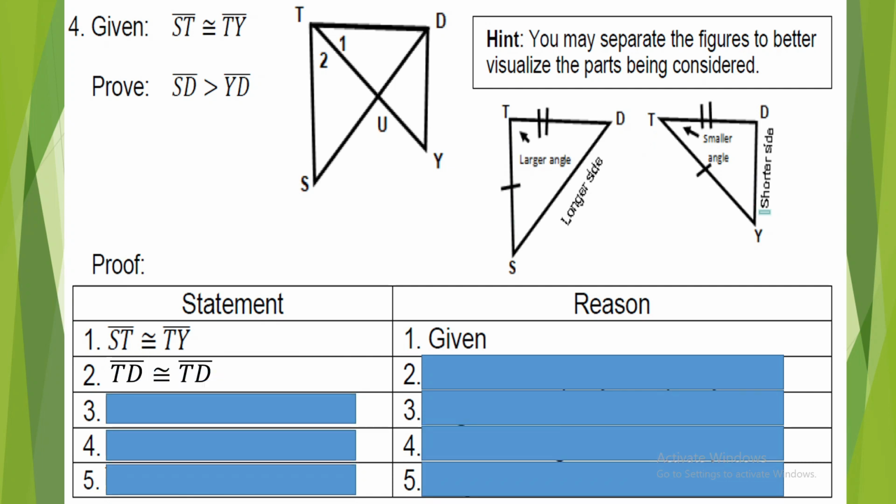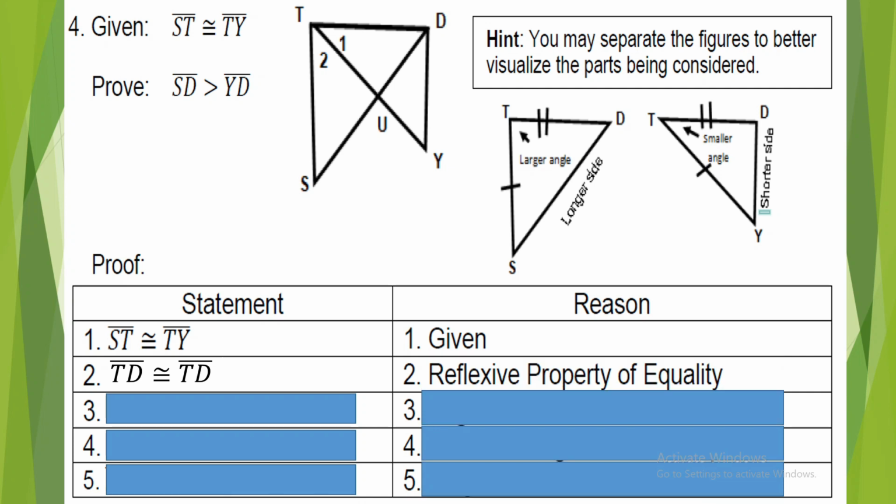Next, we have segment TD is congruent to segment TD. That is based on the reflexive property of equality. Then for our third statement, we have the measure of angle STD is equal to the measure of angle 1 plus the measure of angle 2.